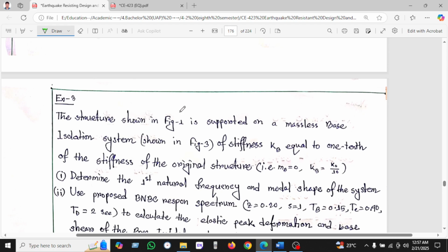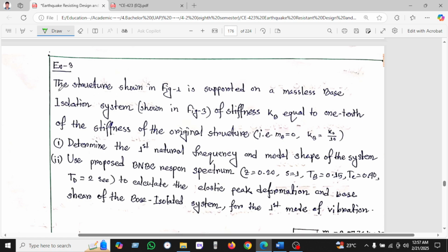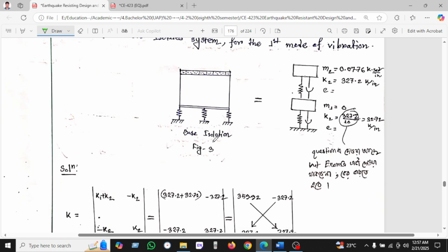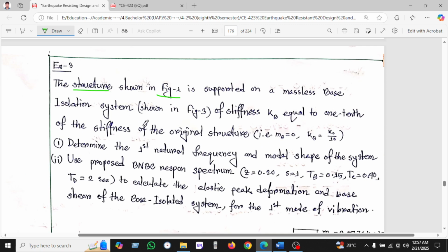Okay, let's see another example here. The structure shown in figure 1, this is figure 1, isolated. So you can see here is the mass 1, K1, C1 and M2, K2, C2, supported on a massless base isolating system shown in figure 3.